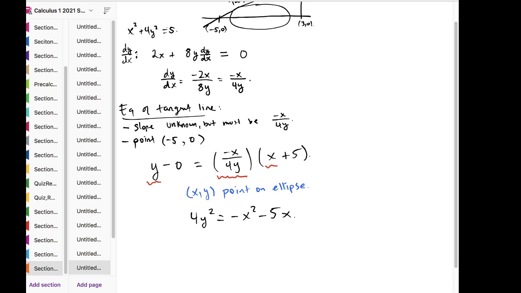So what is true about xy? It needs to be a point on the ellipse.